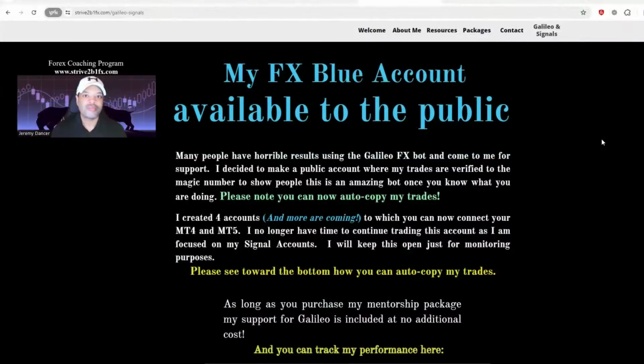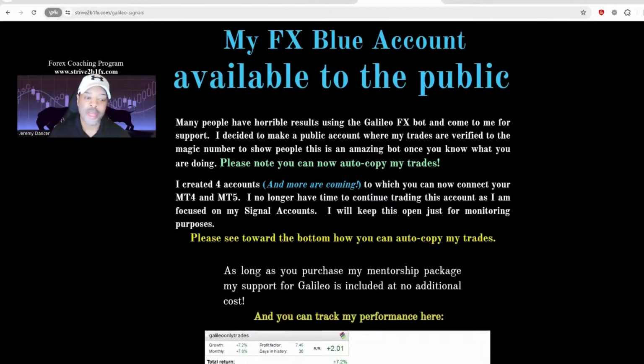Next on the list is an update to my Galileo Forex bot tracking. Because so many of you are more interested in my signals and being able to copy my trades, and I am very busy managing other accounts, it really doesn't make sense for me to spend a portion of my time keeping up with the Galileo bot or the page that I made for it.